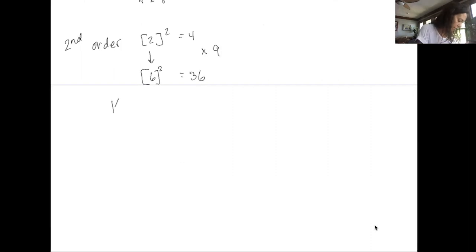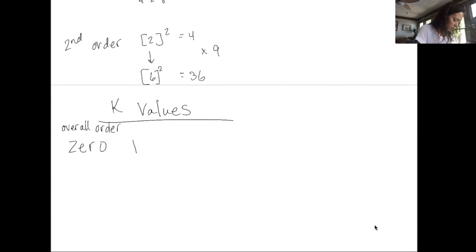Let's look at our K values. All right. And okay, it has to do with the overall order, right? And there's a trend. This one is normal. It's moles per liter second.